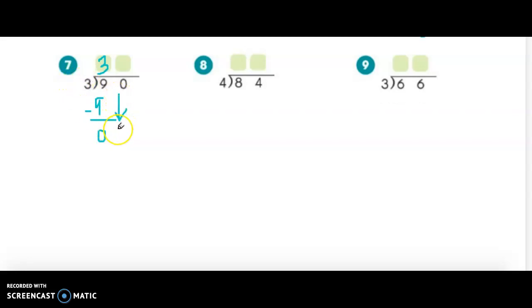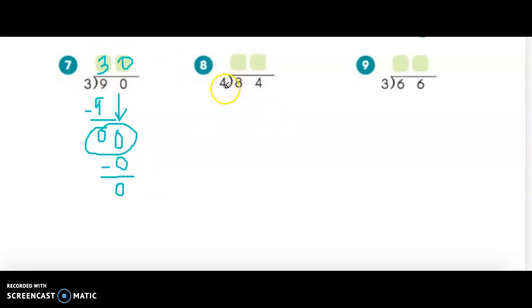B, burgers, bring down. Now we have to start here, okay? 0 divided by 3 is 0, okay? Then we're multiplying. 0 times 3 gives us 0. Then we subtract. We get 0. Then we're checking. It's below. We're good to go. Nothing left to bring down, so that 30 is our quotient.